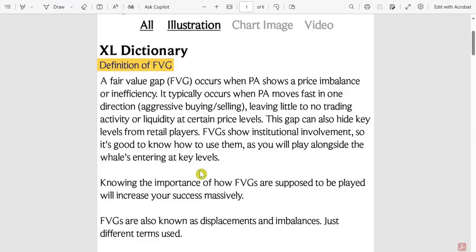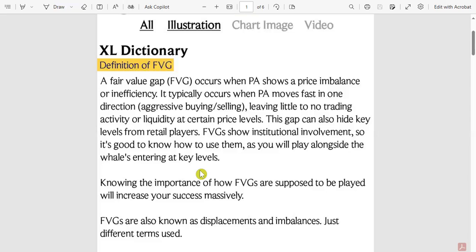But if you also have an understanding of fair value gaps, then it's going to be very easy for you to see the key levels, just like the way the big banks are showing the signs or footprints.